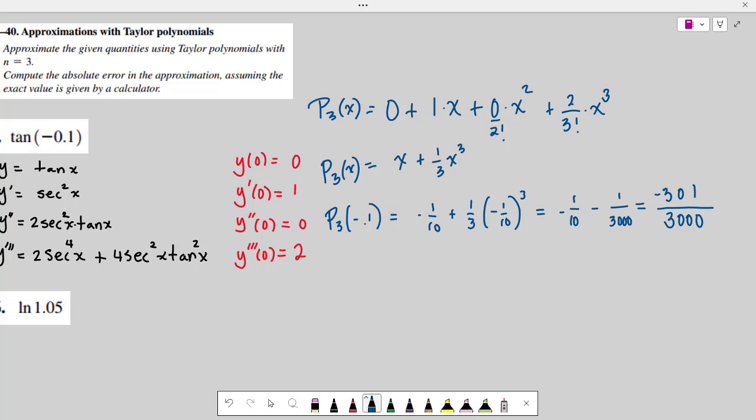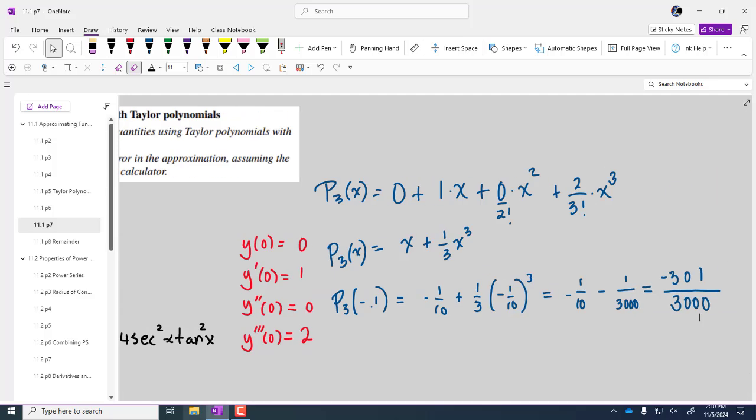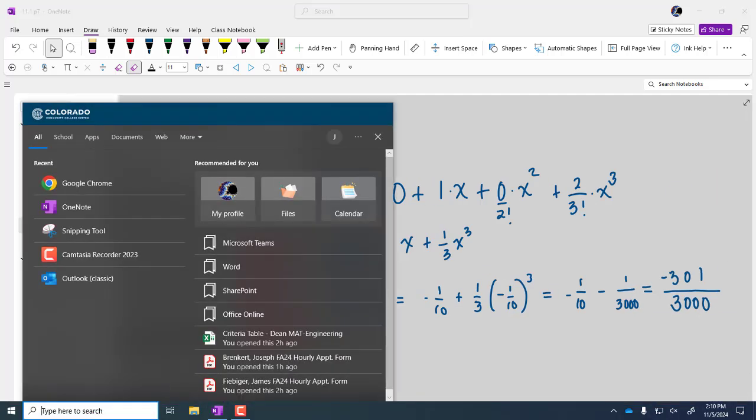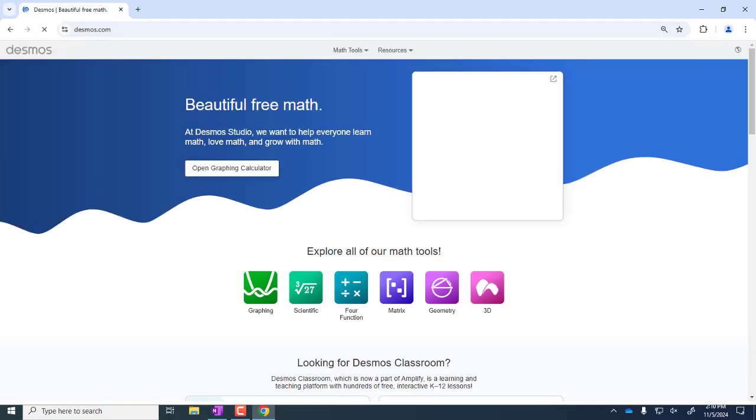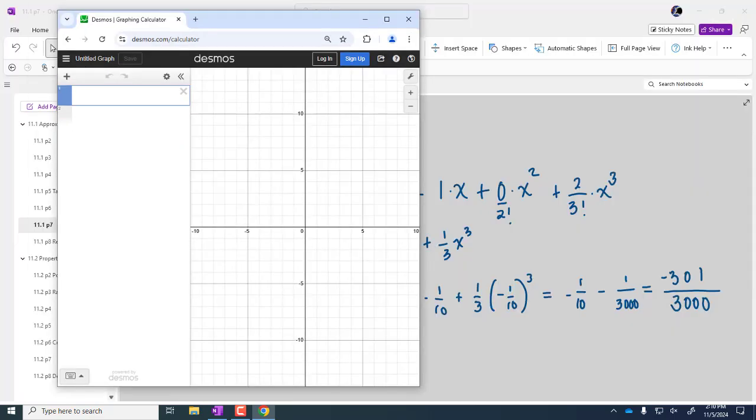Any issues with that? I'm just going to pull up non-logged in Desmos just as my calculator. All right, so negative 301 divided by 3,000.